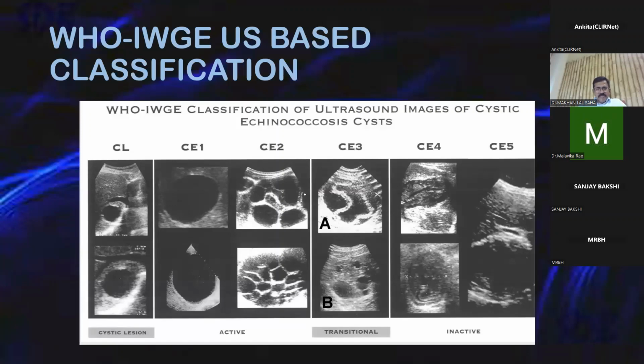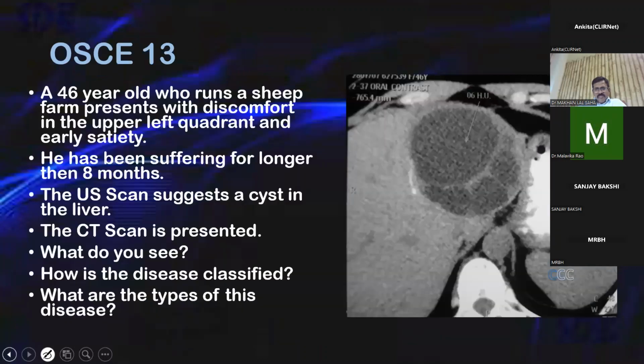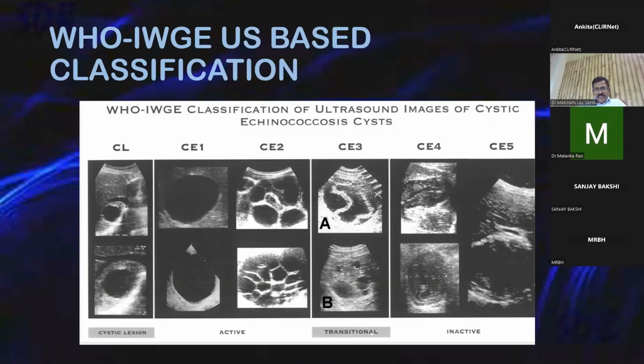You have a multilocular hydatid cyst out here, but it is active. There's no thickening. The moment you have some amount of thickening, it is classically described as a transitional hydatid cyst, isn't it? Because you had a bit of thickening, just like you have out here. Yes, sir. So this is transitional.